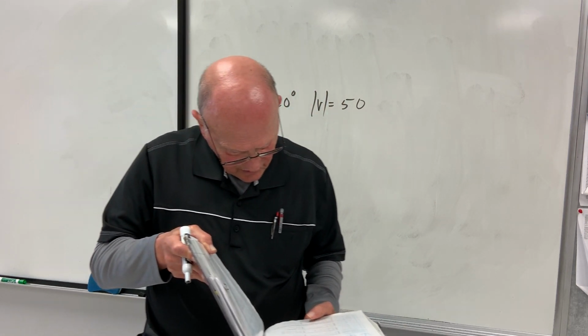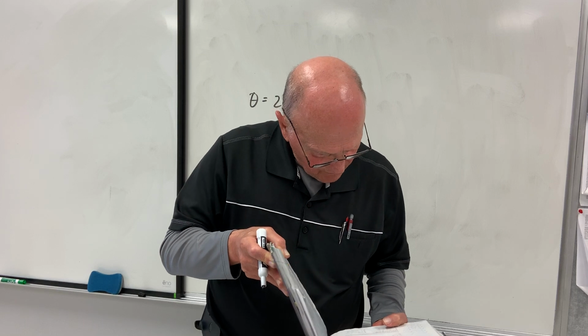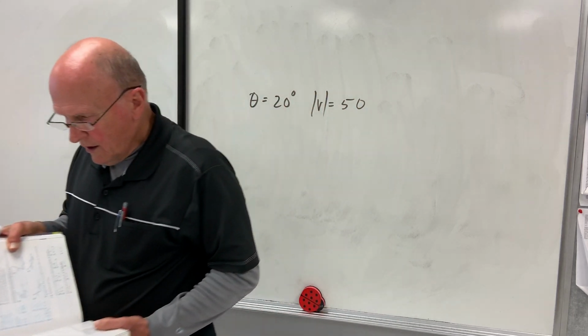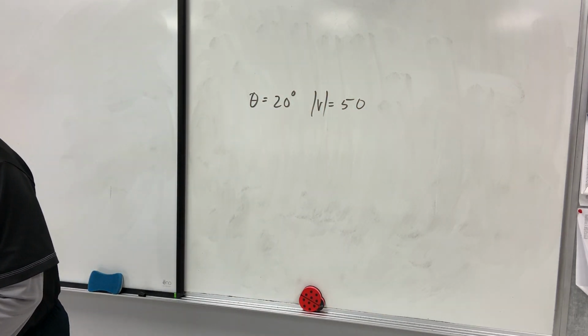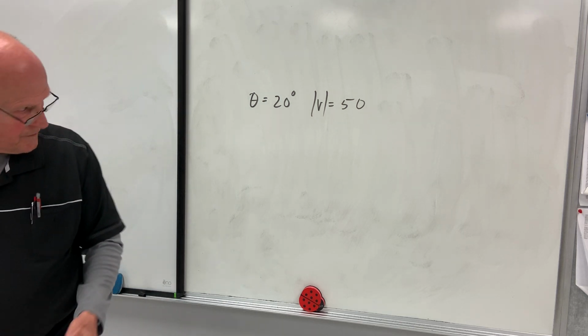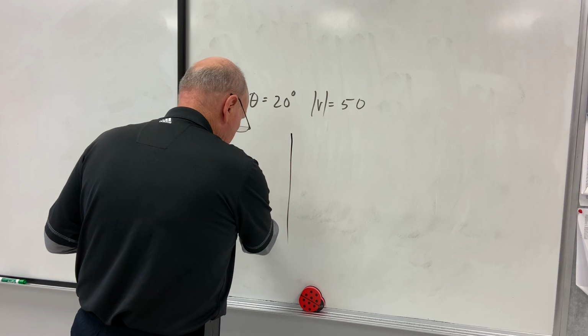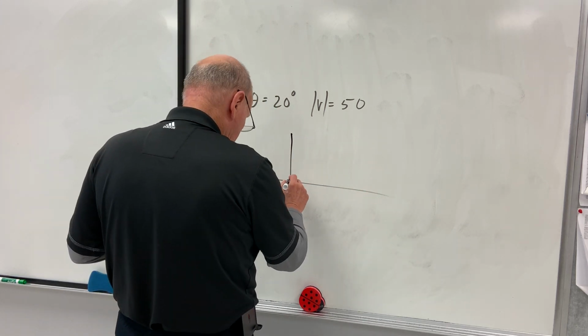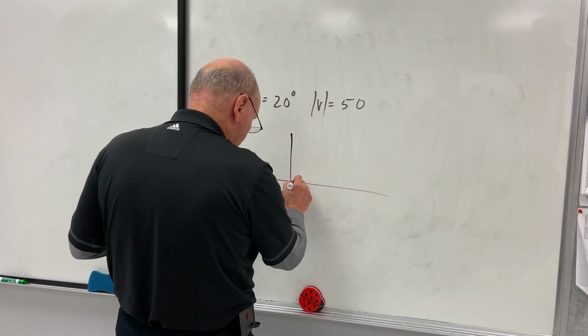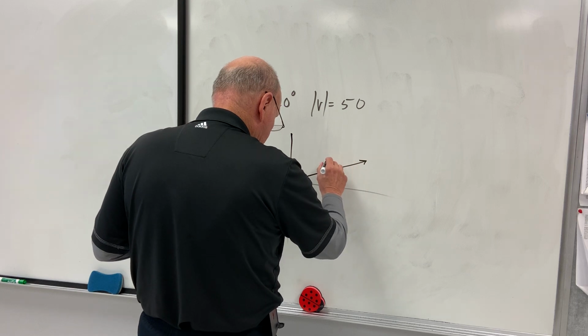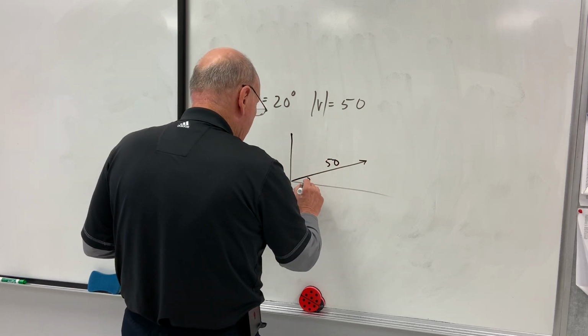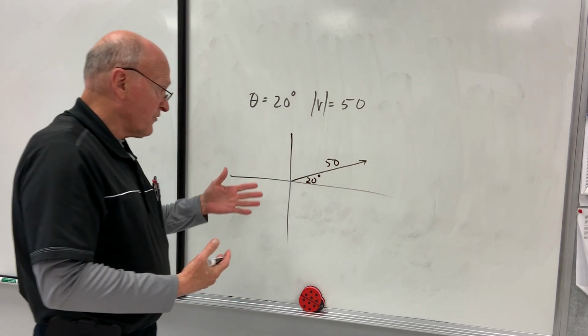Theta is the direction of V from the horizontal. Okay, if I look at this, what we're talking about is a vector of magnitude 50, and this angle right here is 20 degrees because it says with the horizontal axis.